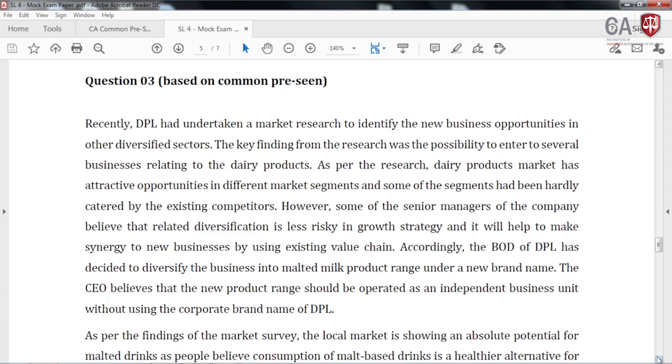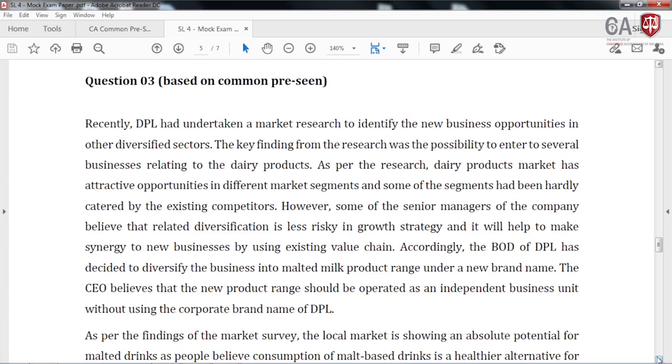You know about diversification, you have learned about diversifications. There are 2 main types of diversification: related diversification and unrelated diversification. Under related diversification, we are going to expand the business within the same industry or a related industry.